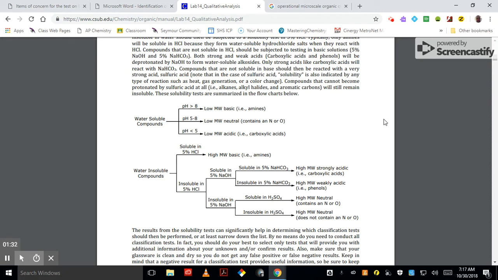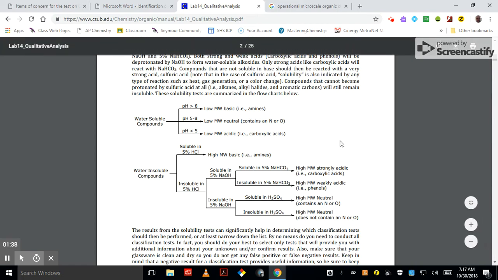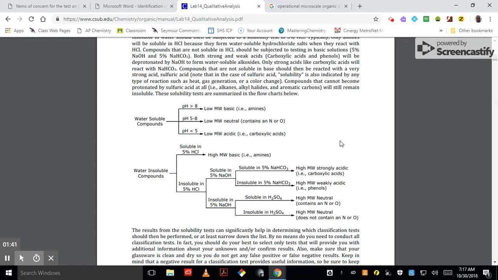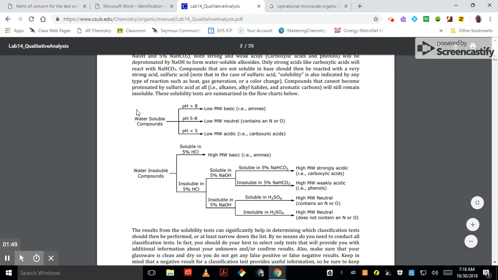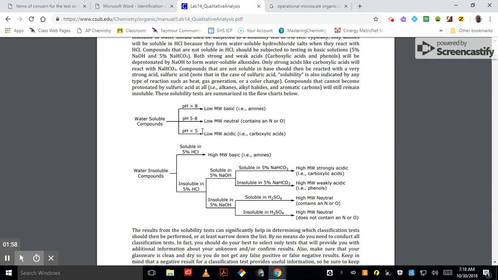One of the tests is to look at whether the compound is soluble in water or not, because that's going to give us a lot of information. Typically, 3 groups of compounds are soluble in water, and those would be amines, which will give you a pH greater than 8 if you test the pH after you get it dissolved. Please understand, it must dissolve before you run this test.